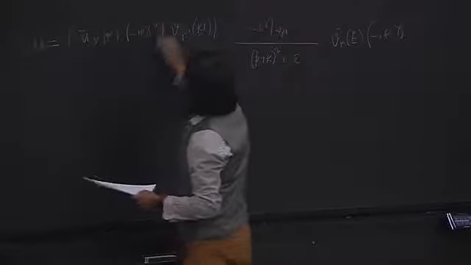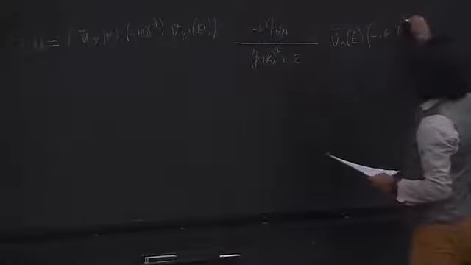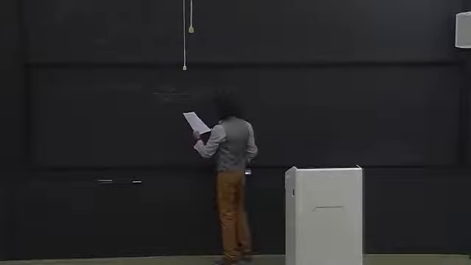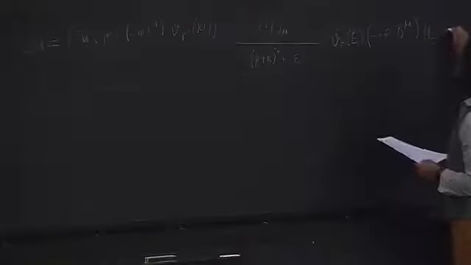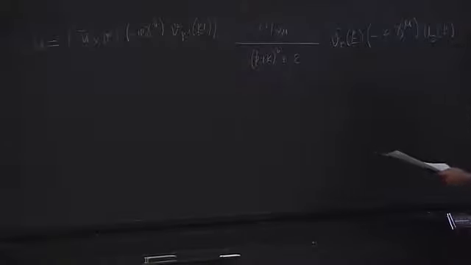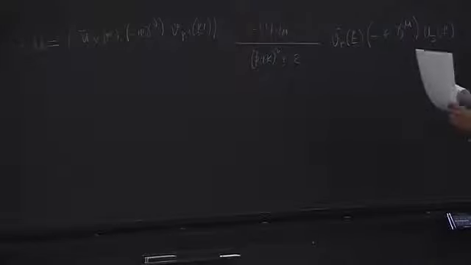Yes, that's what I meant. This is a gamma mu. And then we have an incoming fermion or electron, and this is what we get. All right, good, so this is our first diagram.